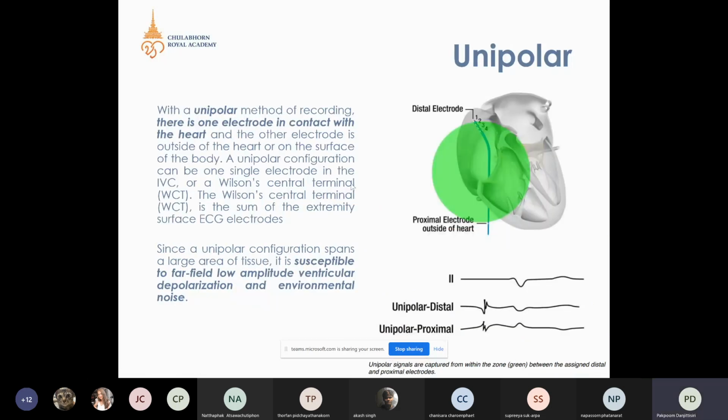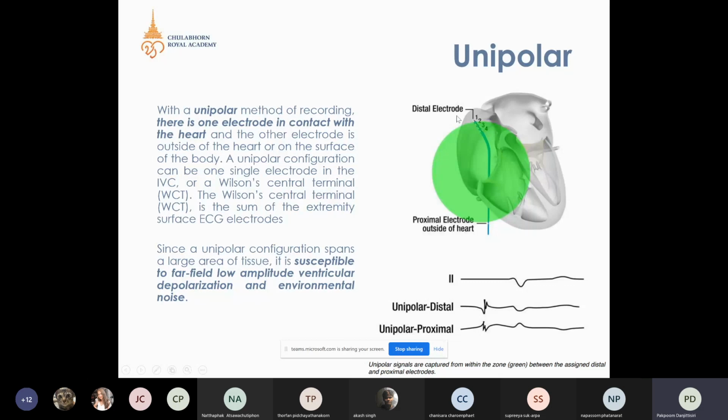The polarity we can describe as unipolar and bipolar. Unipolar means that there is one electrode in contact with the heart.